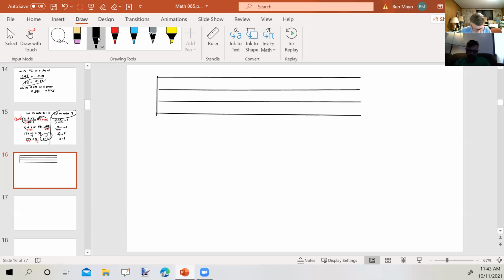Distance equals rate times time. Now, the author puts these in the other direction, but I prefer to do it this way. What do we have? We have the Dodge Charger, so let's call it the Dodge. And we have the Chevy Corvette, so we'll call that the Chevy.